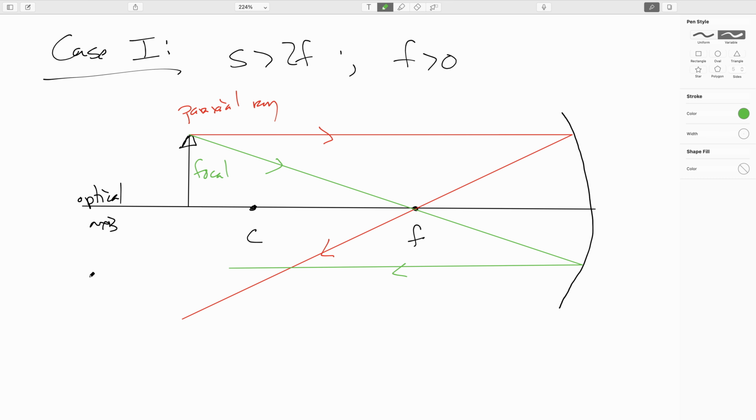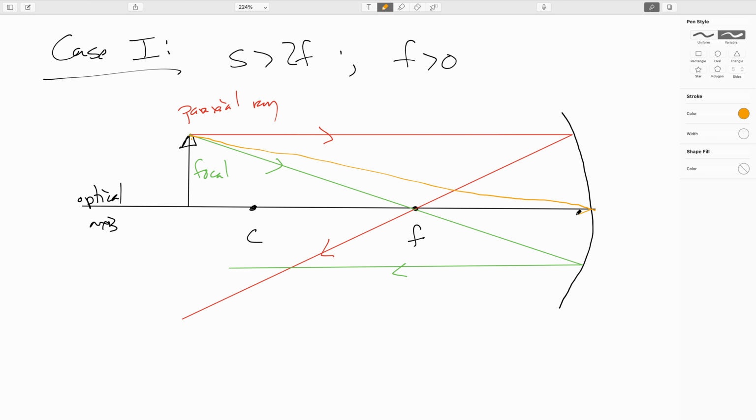And then finally, your truest, bestest friend will be the central ray. So again, that is the ray that is directed from the focal point.